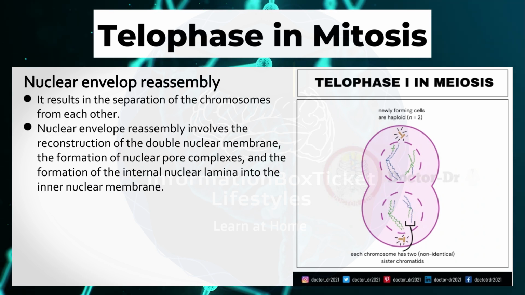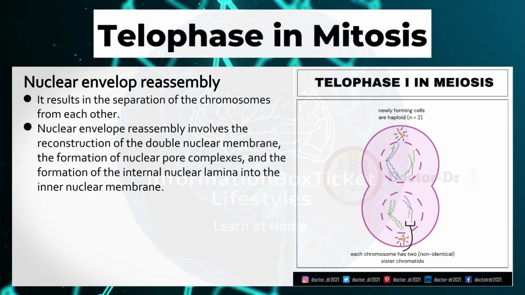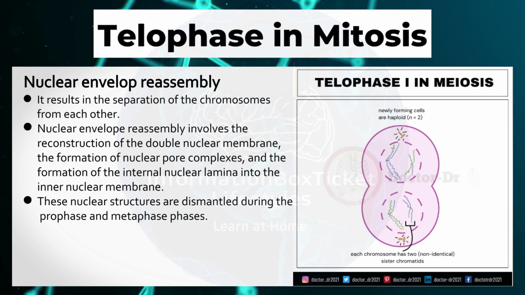Nuclear envelope reassembly involves the reconstruction of the double nuclear membrane, the formation of nuclear pore complexes, and the formation of the internal nuclear lamina into the inner nuclear membrane. These nuclear structures are dismantled during the prophase and metaphase phases.